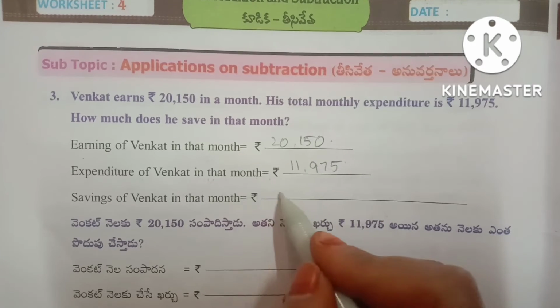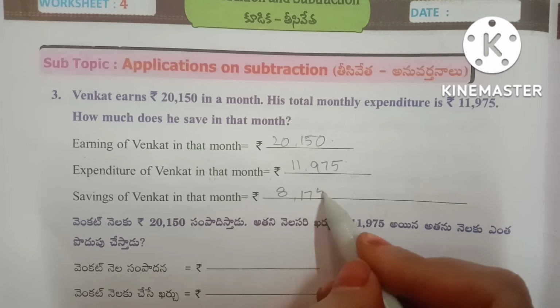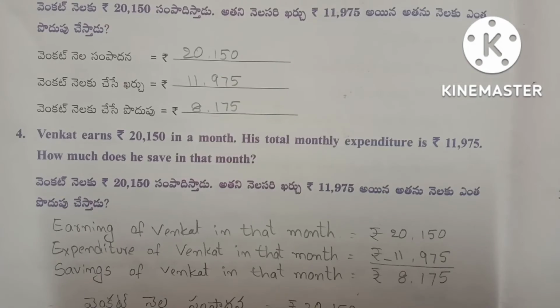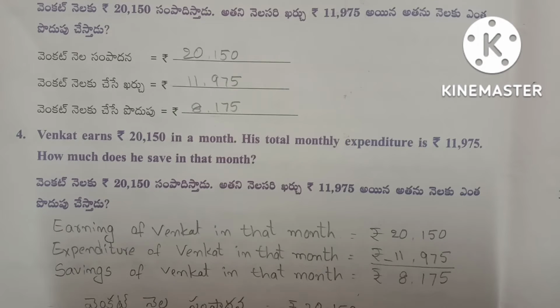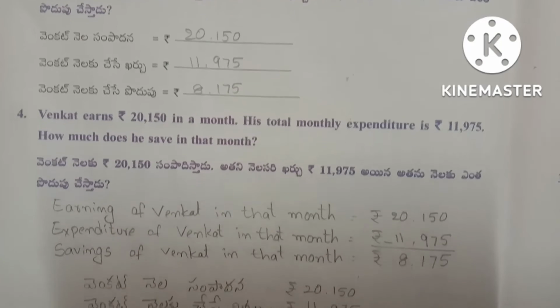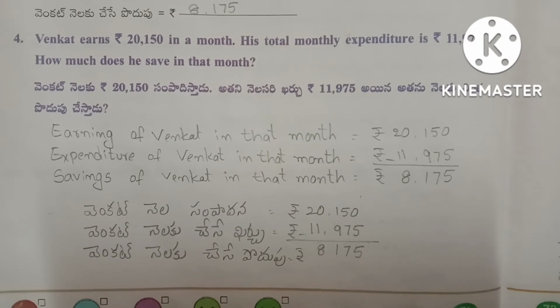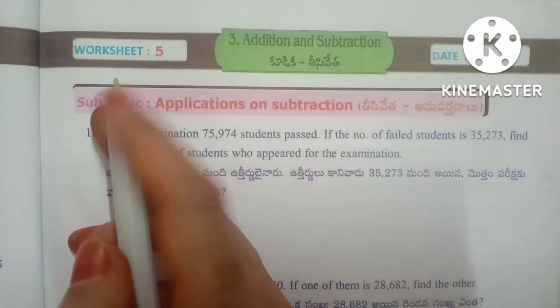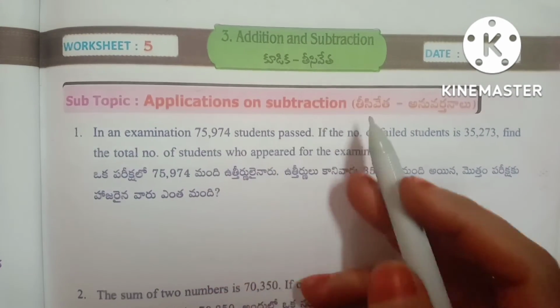Then we get 8,175 rupees. Next, worksheet number 5, subtopic applications and subtraction.